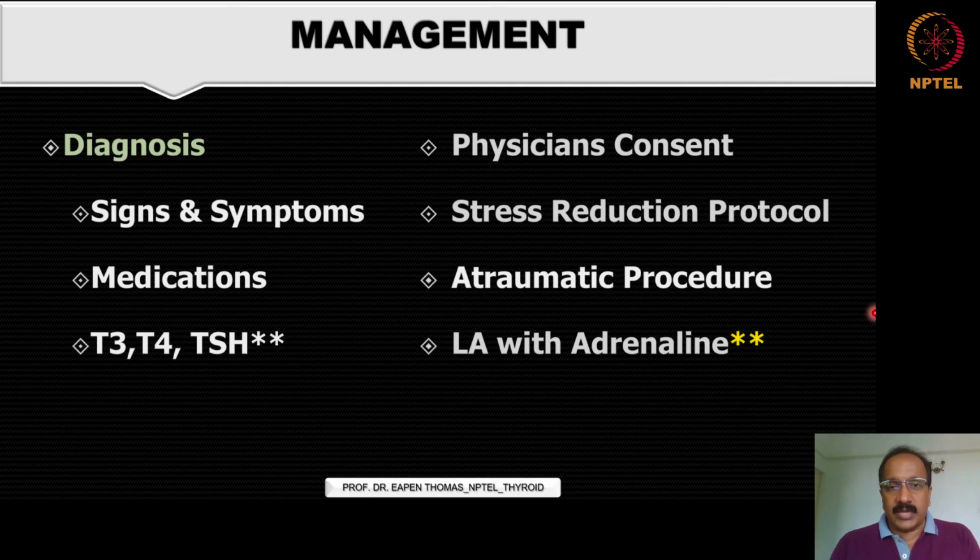So for a patient with hyperthyroidism, it's always best to use a plain LA. Or if at all you're using adrenaline, make sure you're using it in a concentration of 1:2 lakh. That means the maximum dilution of adrenaline, which can create trouble. So if you're using LA with 1:2 lakh adrenaline and a careful aspiration injection, your procedure is safe.